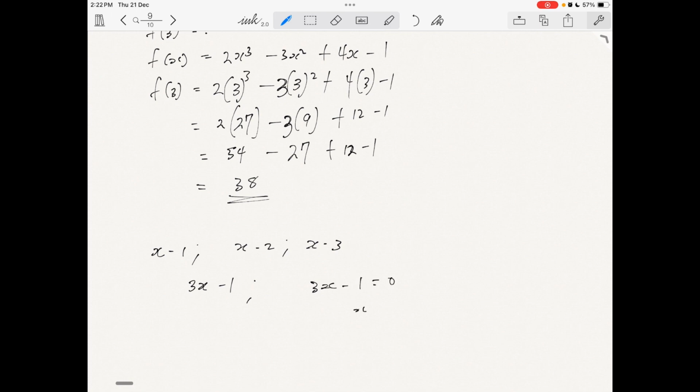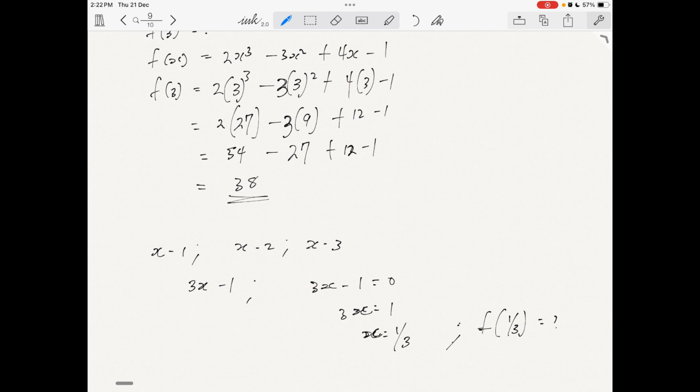So our x will be equal to what? 3x is equal to 1, so our x will be equal to 1 over 3. Okay, so then all we have to do is to substitute our 1 over 3 into the equation, right, and get our answer.